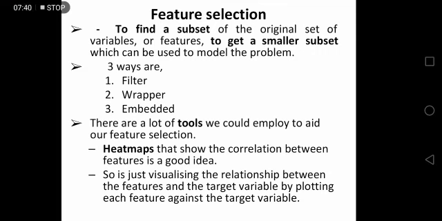So it's just visualizing the relationship between the features and their target variables by plotting each feature against the target variable. Here the feature is the input we are giving to the machine learning, and the target variable is the output we are getting from the machine learning.